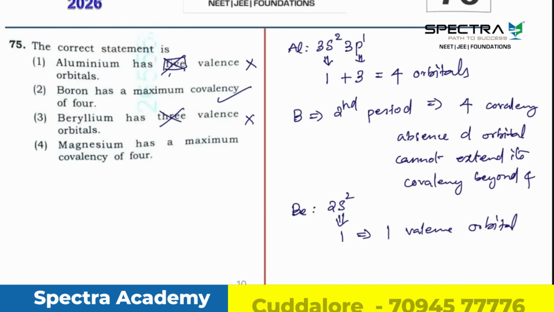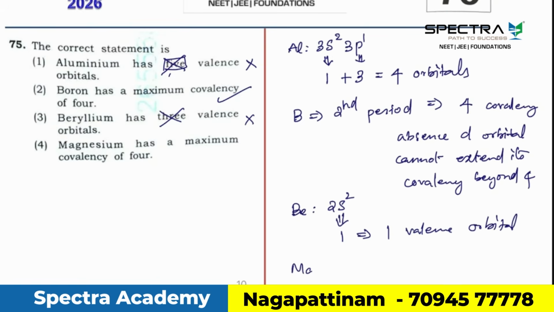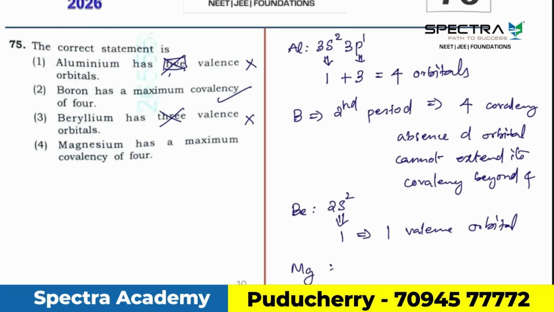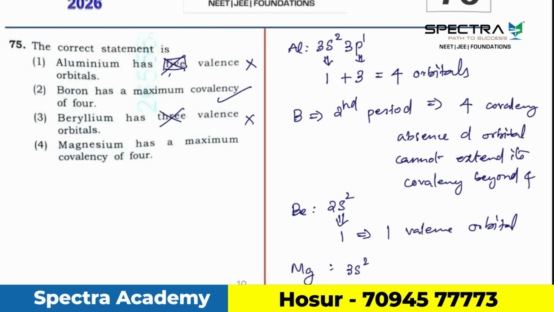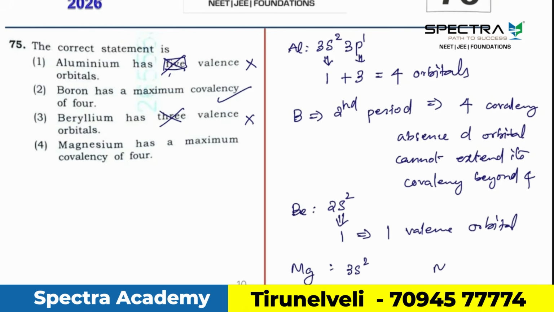And the last option they have given us: magnesium has a maximum covalency of 4. We know that magnesium belongs to the second group. Its configuration is 3s2. Even though it has 2 electrons in its outermost shell, we expect that magnesium can make only 2 bonds.